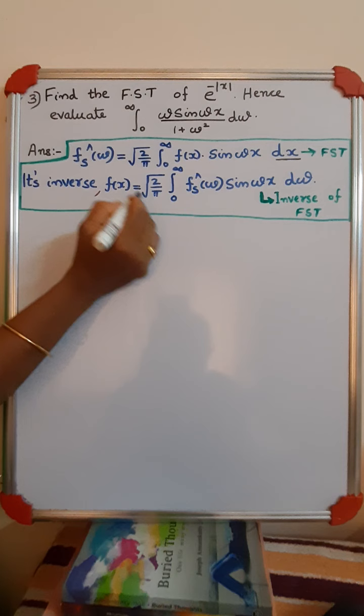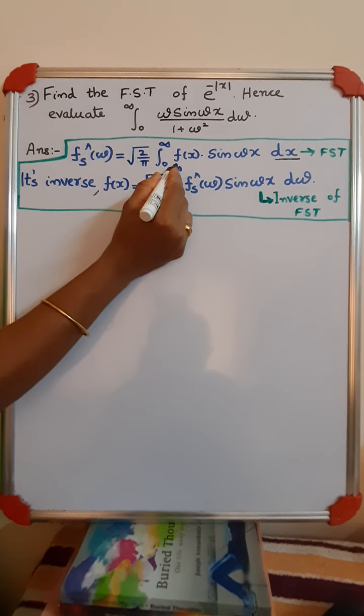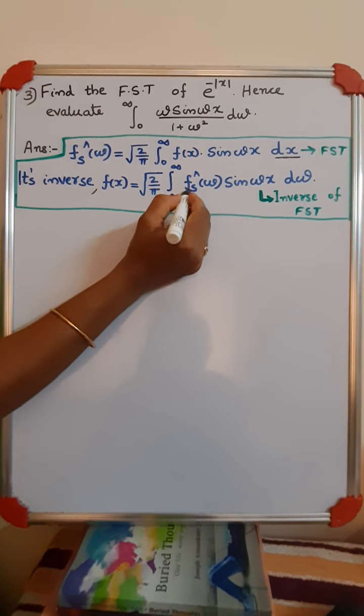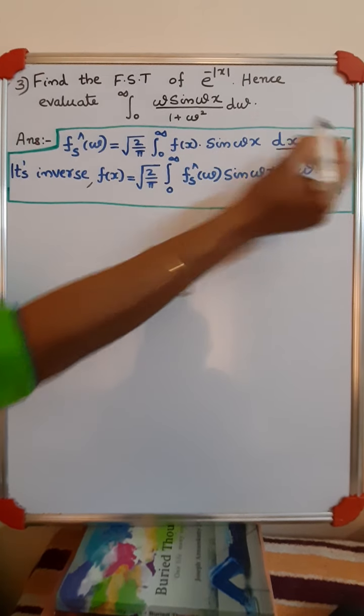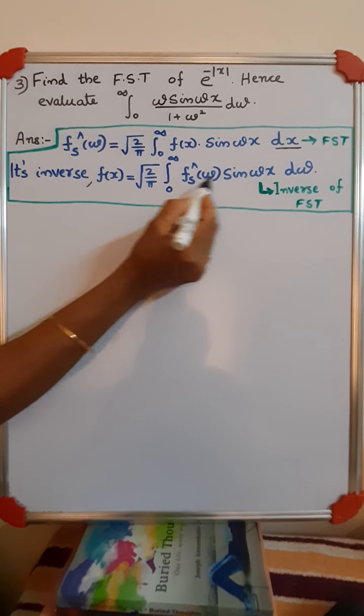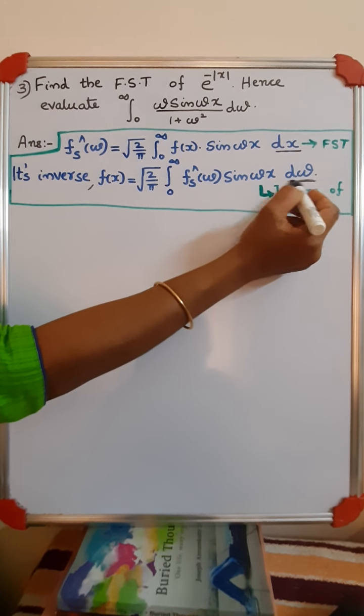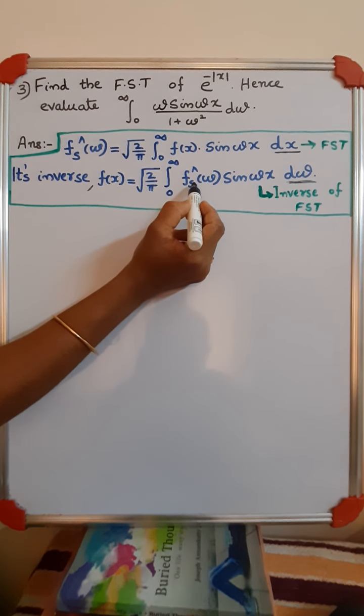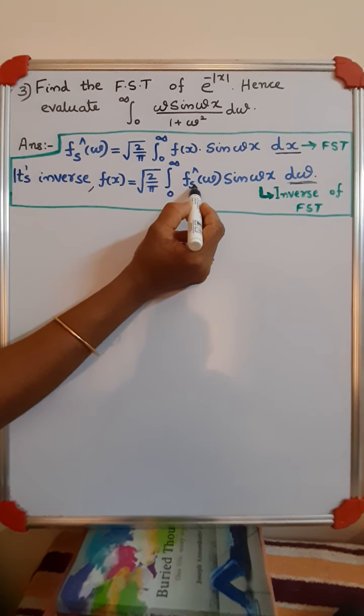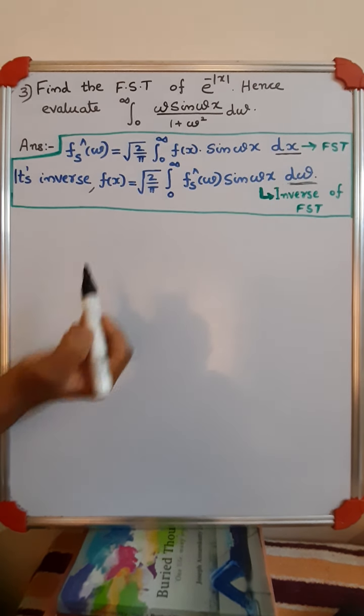f of x is equal to root of 2 by pi integral 0 to infinity Fs cap of omega, where Fs cap of omega is the Fourier sine transform of the given function, into sine omega x d omega. So the only difference is f of x becomes Fs cap of omega and dx becomes d omega.